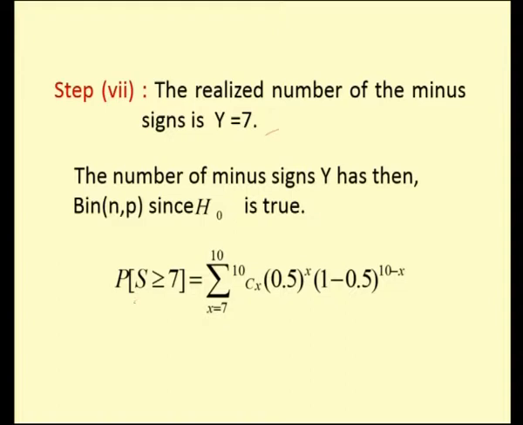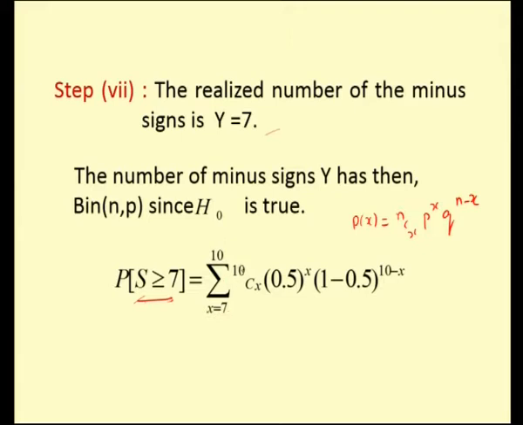So you want to find S, the number of signs which is greater than or equal to 7. Using the binomial distribution, you know that the probability of x is nCx p to the power x q to the power n minus x. You want to find the value of S greater than or equal to 7, so x is 7 to 10.